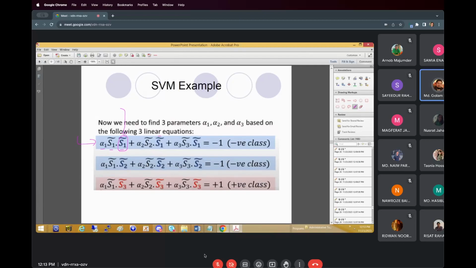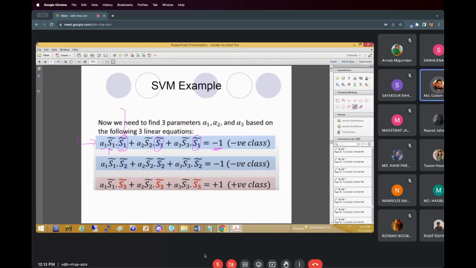Here is also support vector 1, and here is also support vector 1, that is the augmented support vector. And the other one, here S1, S2 and S3, are changed. S1 we have taken from the negative class, so that's our negative.